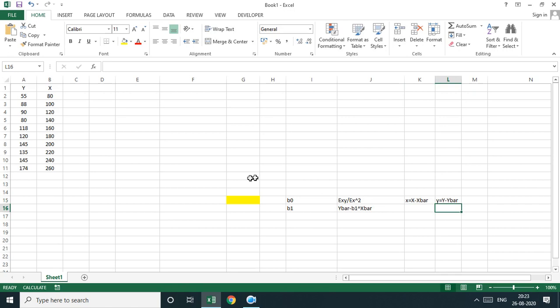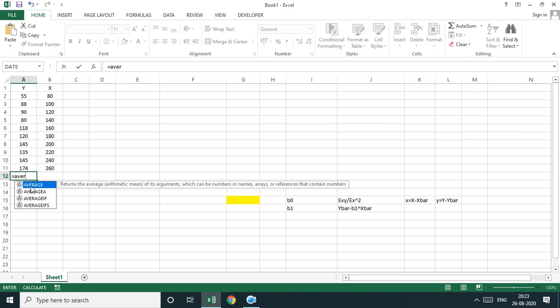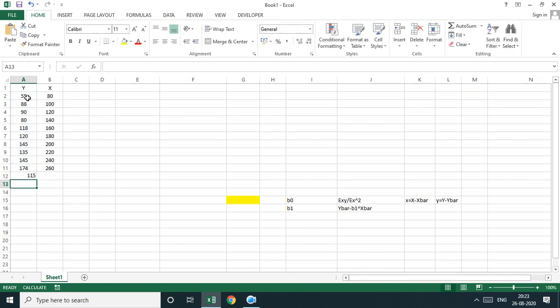For that, you first have to find the averages. The average of y is 115. You put the cursor here and drag to here, and you will get the average value of x.